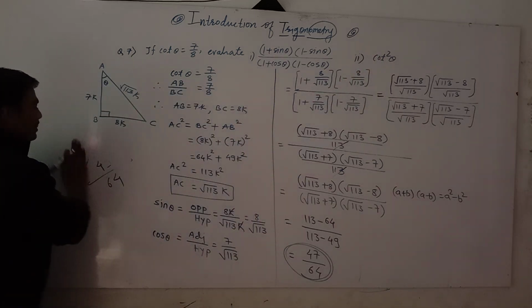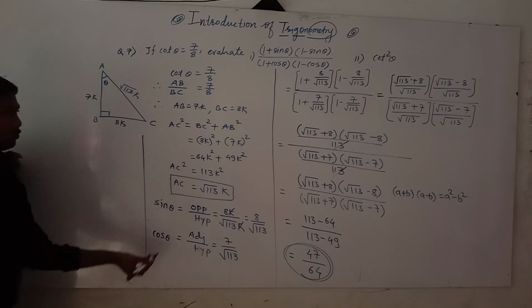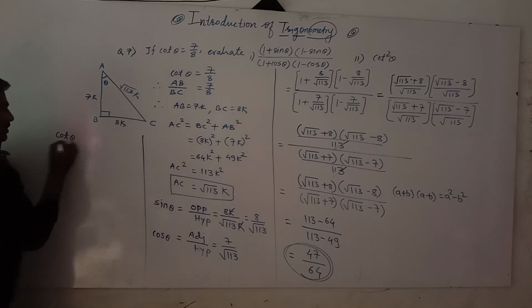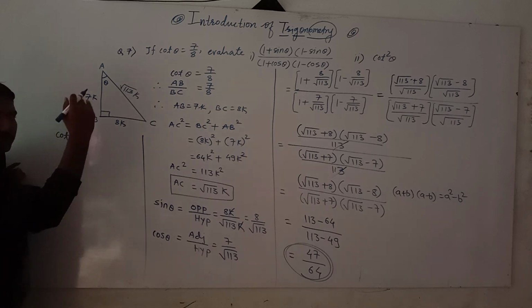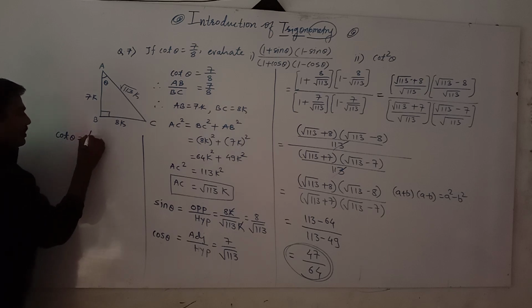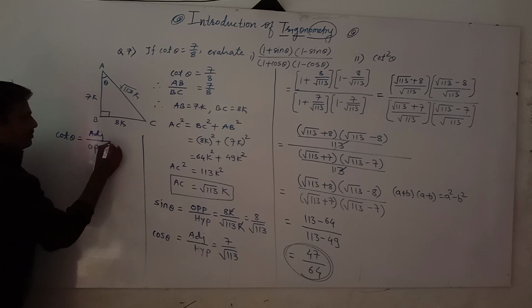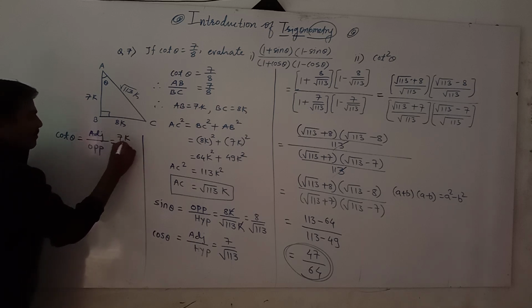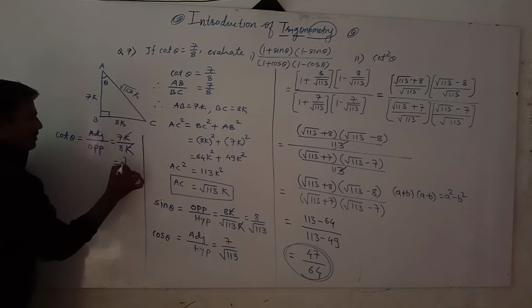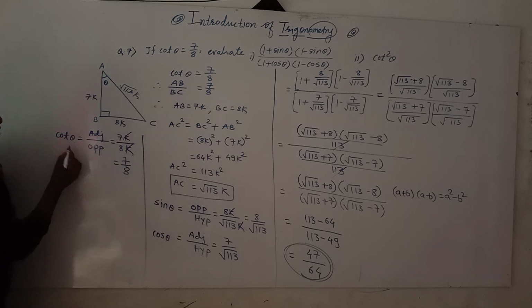Now second, I want to calculate cot square theta. For that you first have to calculate cot. Cot theta is the opposite of tan, and tan is opposite upon adjacent, so cot theta is adjacent upon opposite. Adjacent is 7K and opposite is 8K, K gets cancelled, so cot theta is 7/8.